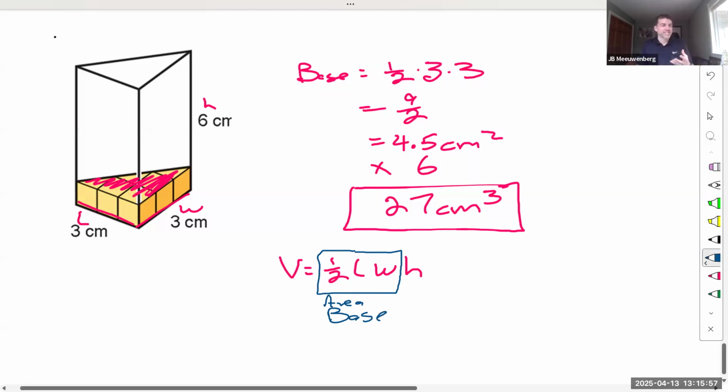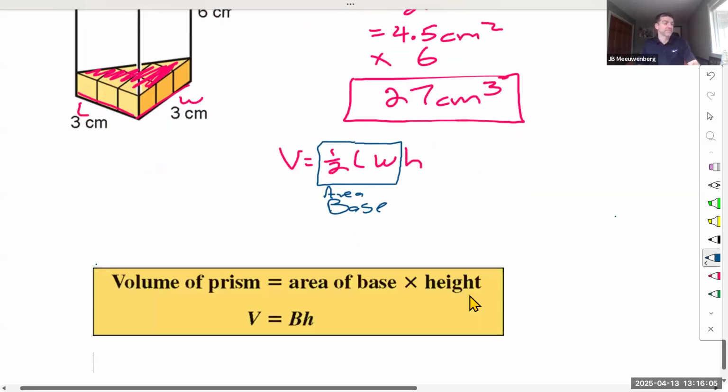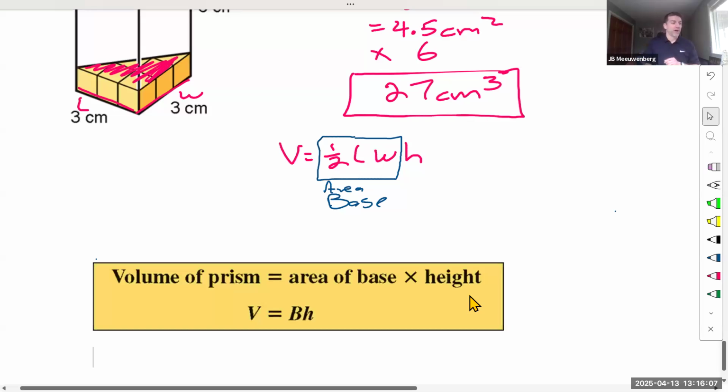So if we start to notice this sort of generalization, we can say that the volume of any prism, no matter what the shape of the base is, can be found by multiplying the area of the base times its height. And then how you calculate the area will be dependent upon what shape the base is.